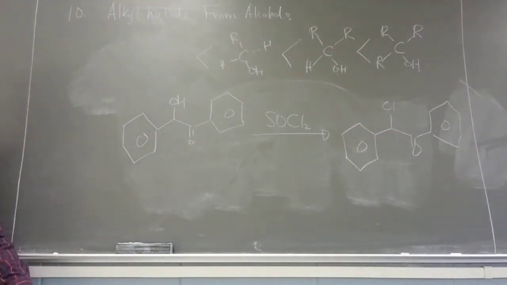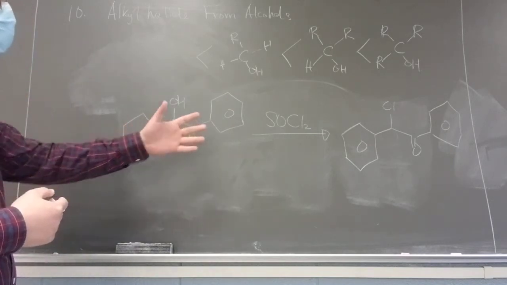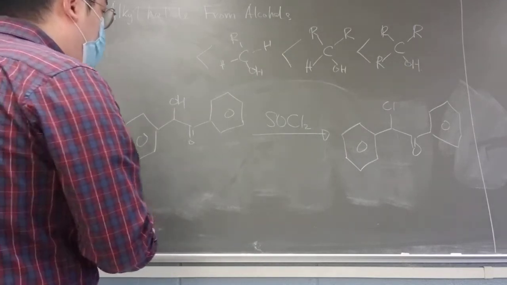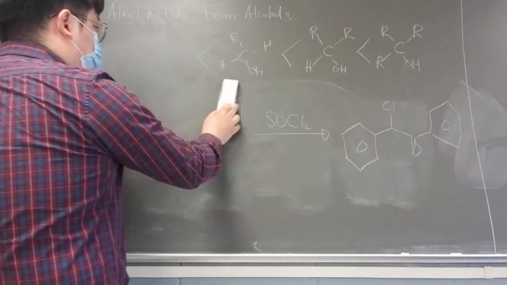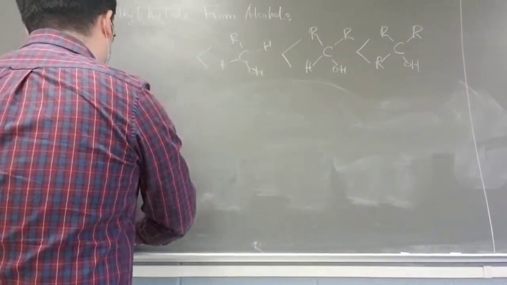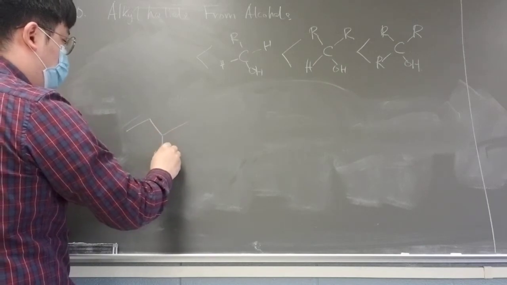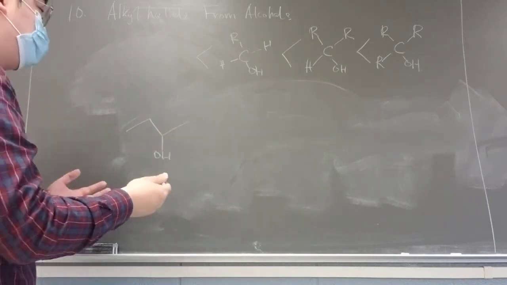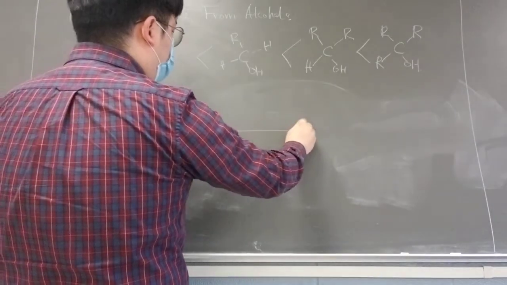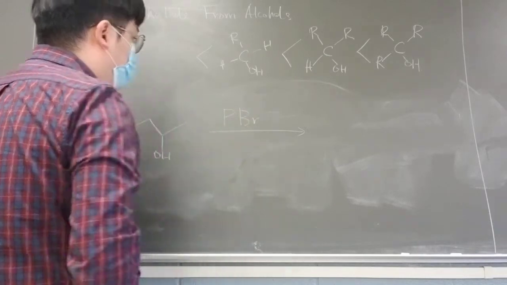This is one way. So if you use an alternative way to do the same job, you can do it with the thionyl chloride over here. And also, there's another way to do that too. With the other alternative way, if you have also a secondary, like 2-butanol over here, you can try to do it with the phosphorus tribromide here.